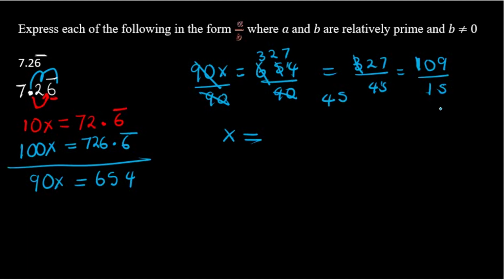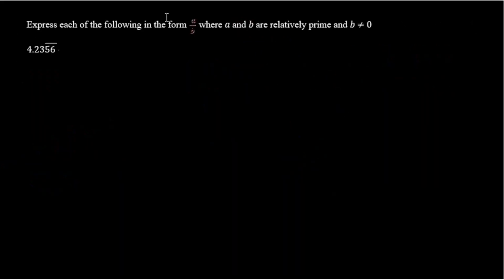When I divide that by 3, 3 into 10 is 3, but remember 1, so meaning 3 can't enter there, so you just leave it like that. So your answer is 109 over 15, just like that. That's how we answer that one.